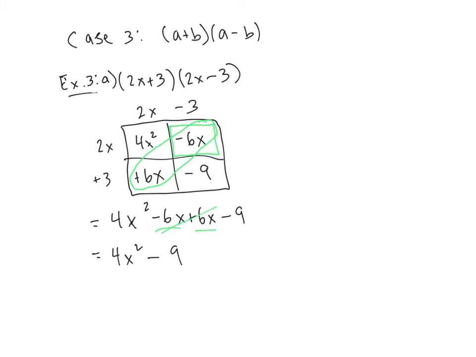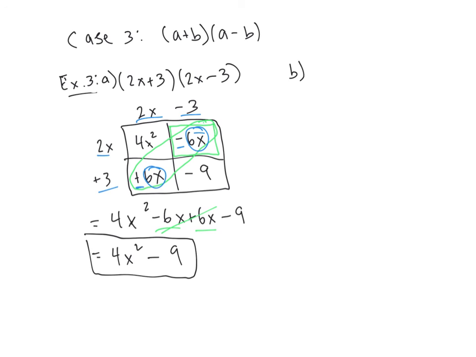That's going to add to 0. So 4x squared minus 9 would be my answer on that one. And it's going to work that way every time on this case 3, where that middle term ends up canceling, and that's because we have opposites here, right? I have 2x and 3 and 2x and minus 3. So I'm going to end up with the same number here, but one of them is going to be a plus and one of them is going to be a minus. Then it'll end up canceling out or adding to 0.